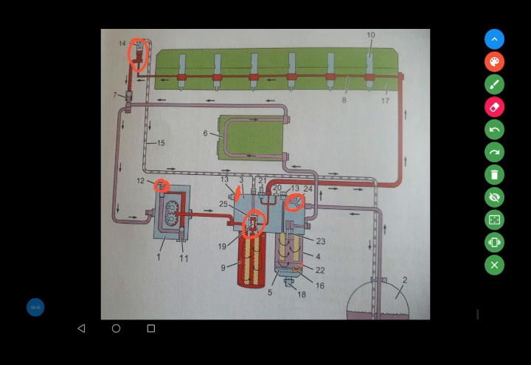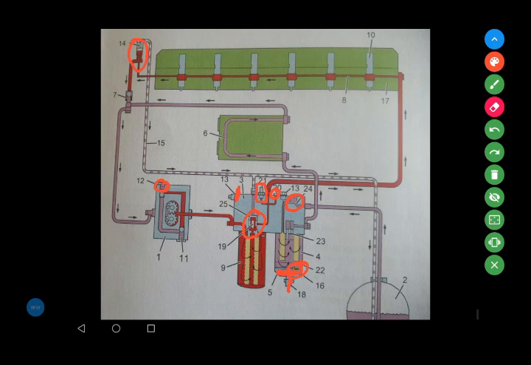This one is our water separator sensor. This water tap we open and drain the water. And at this point we use an external gauge to check the pressure of the fuel, and this fuel pressure sensor is also here.